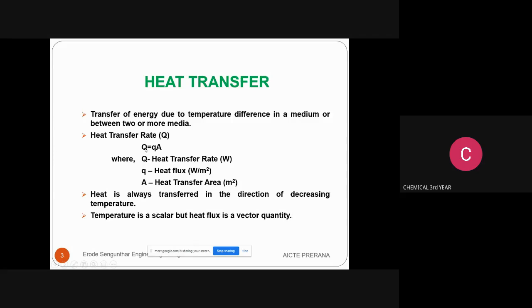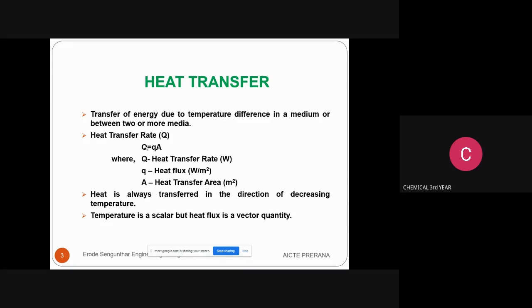And here, the heat transfer rate: rate itself denotes the change in that particular property, or the quantity of that property, with respect to unit time, right? Volumetric flow rate, we all know, is volume per unit time, how much volume is flowing in that system per unit time.